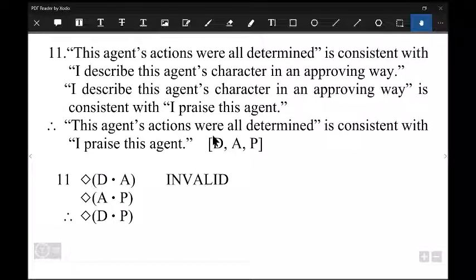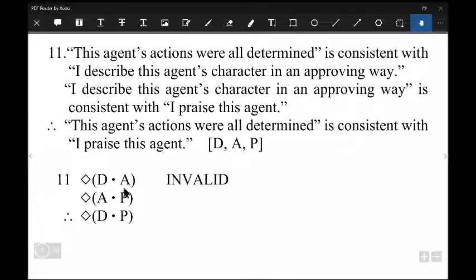This is an argument about determinism. Some philosophers believe in determinism, that everything we do was determined or causally necessitated by prior events. But they say you can still praise an agent. How does that argument go?